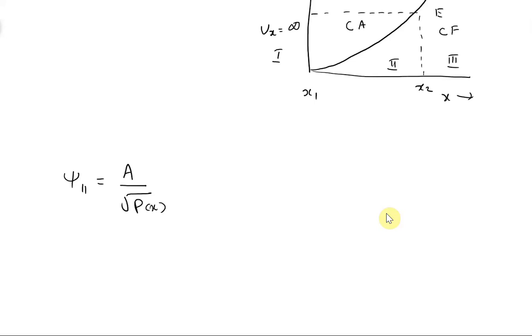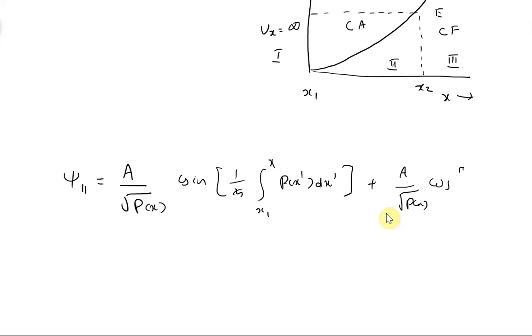I can have two components for this, sine and cos in general. Sine of 1 by h cross, integral from x1 to x of p of x prime dx prime, plus in a similar manner I will be having another constant B, a term in cos, p of x and cos.